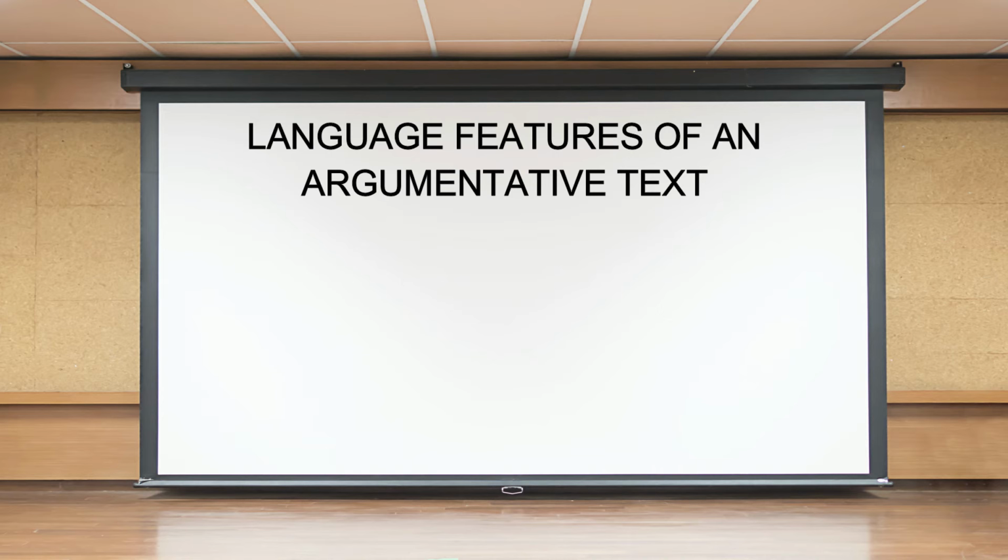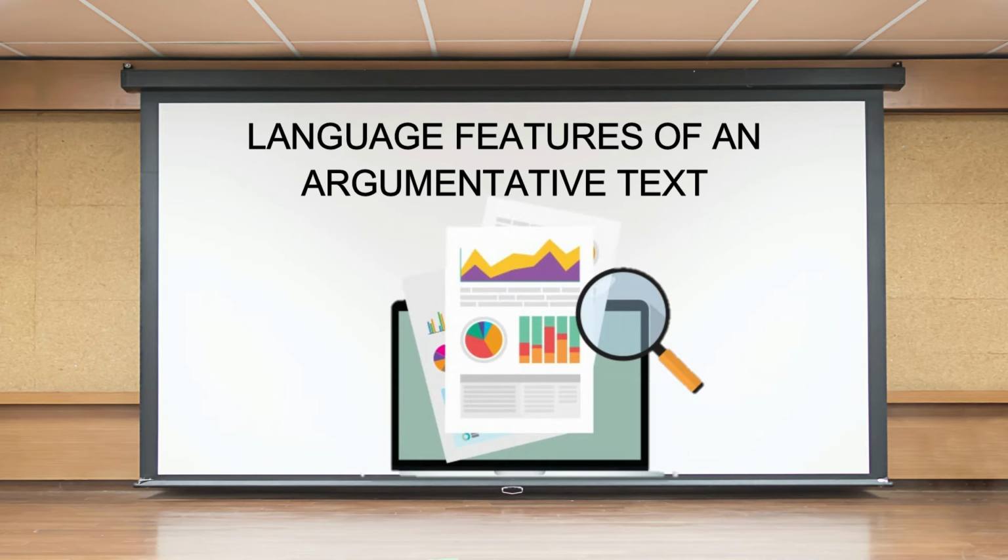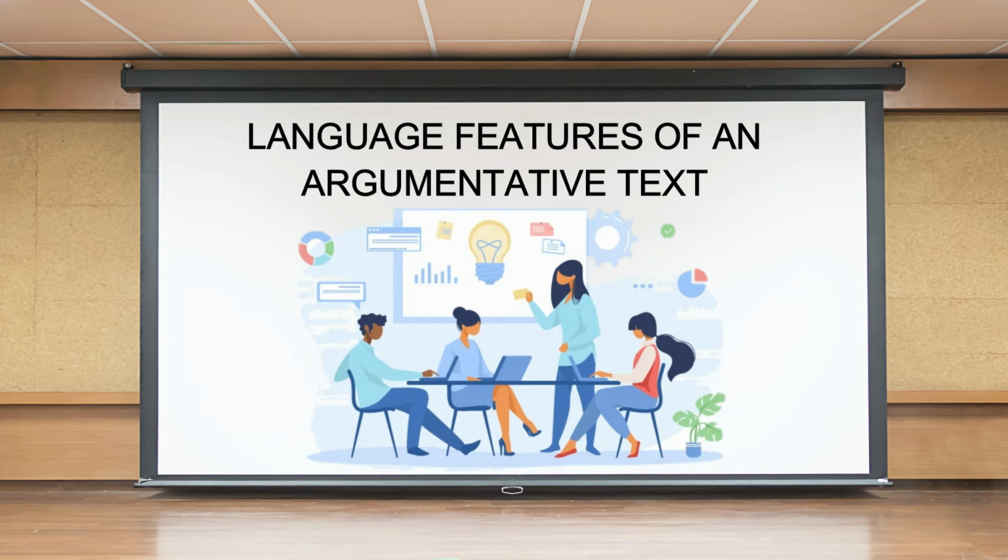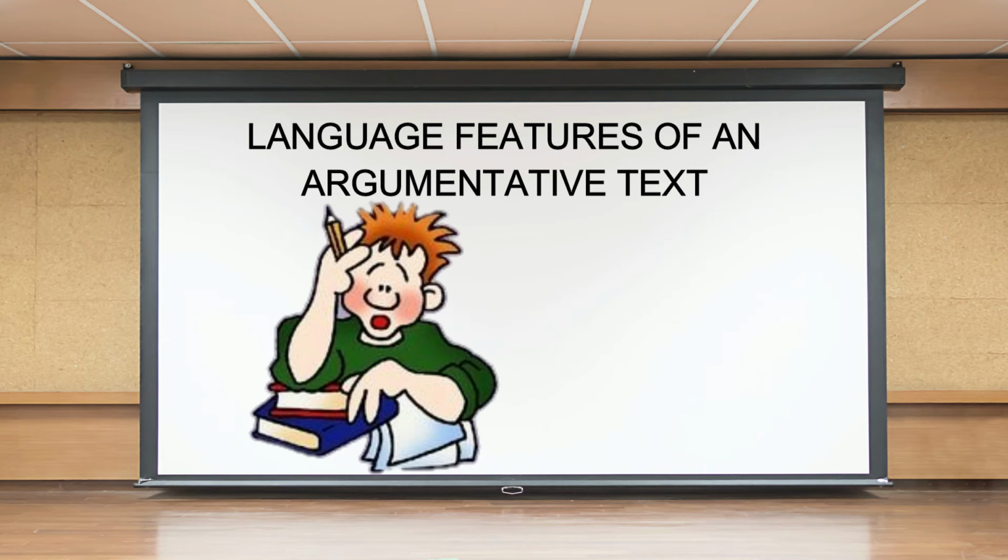Language features of an argumentative text. Like in other forms of writing, the use of language, particularly the choice of words to be used, is an essential consideration in writing an argumentation. Since this writing focuses on providing the worth of an argument or idea, there is a need to choose words that will contribute to the main purpose of writing.